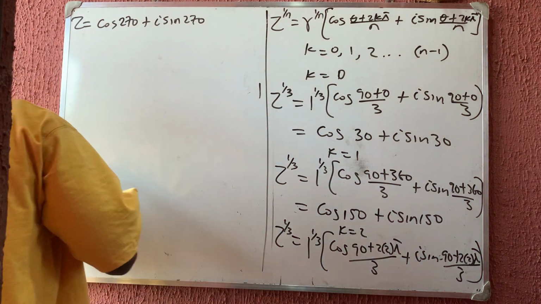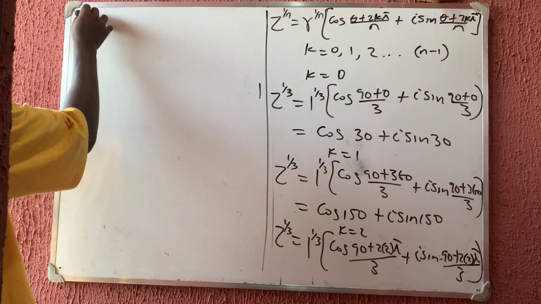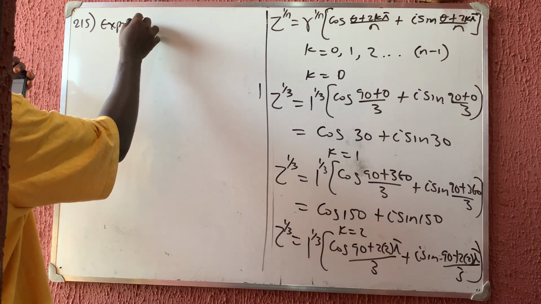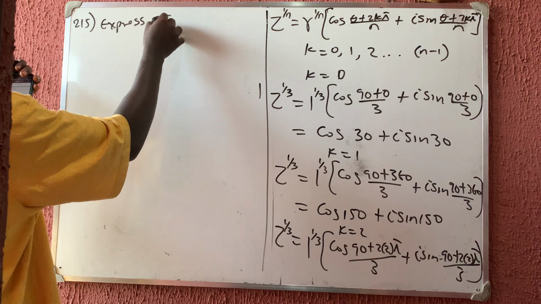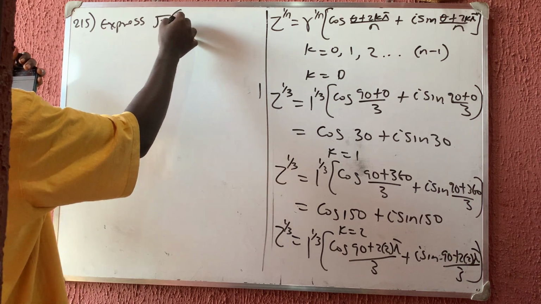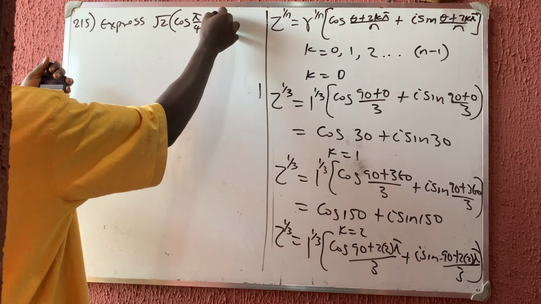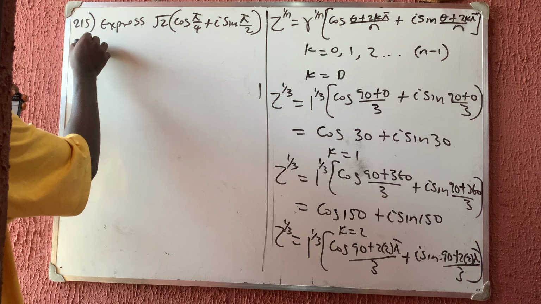Express this in standard form. Question number 215 says express root 2 in bracket of cos pi over 4 plus I sine pi over 4 in standard form.